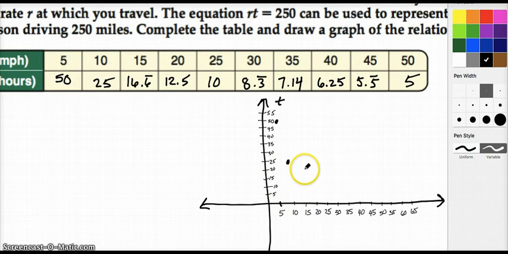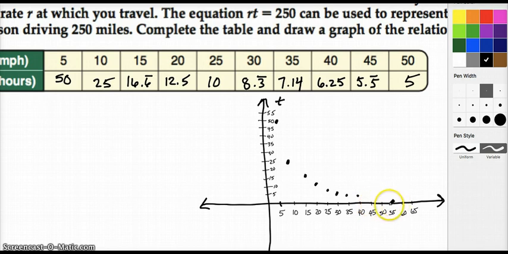That's cool. 16 is going to be right around here. That's my guesstimation. 20 is at 12.5, so it's going to be right here. 25 is at 10. That's right here. 30 is at 8.3, so that's down here. 35, 7, 40, 6 point something.